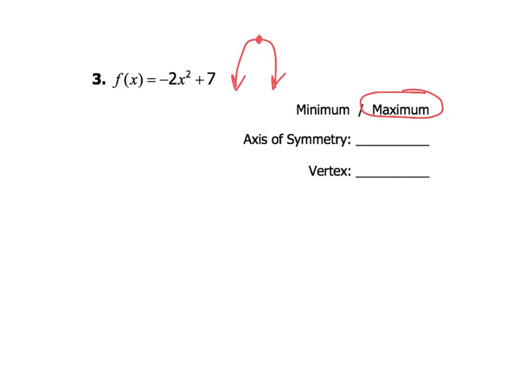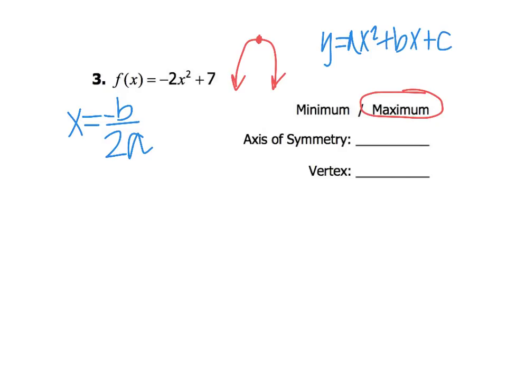Then if we want to find our axis of symmetry, we want to use the formula x equals negative b over 2a. Now, something I want you to be careful about here is that right now, this is in standard form, but we're missing something, all right? Because standard form is y equals ax squared plus bx plus c, where c is a constant, okay?